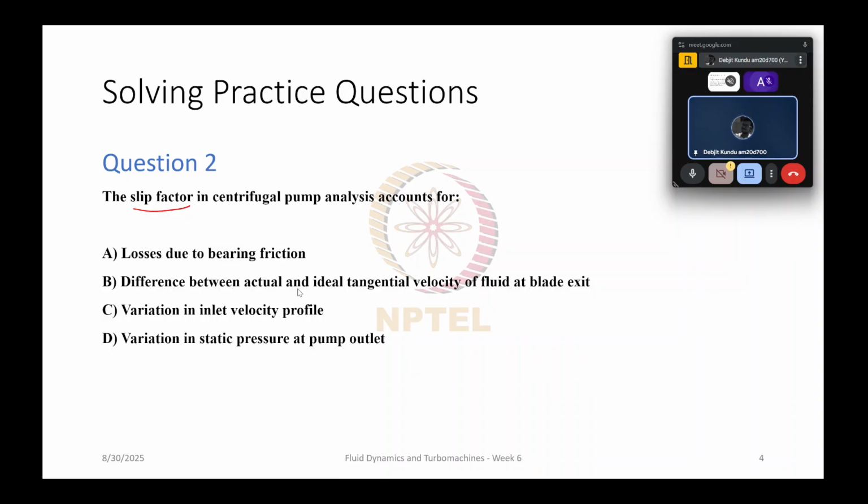Okay, so B, the difference between the actual and ideal tangential velocity of fluid at the blade exit. So let's take a look at the solution. It's actually option B. Good.